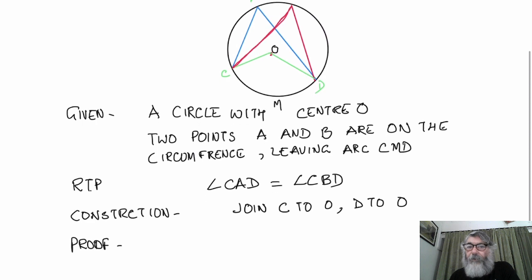In the proof, what are we going to say? We will use the first theorem: the angle subtended by an arc at the center of the circle is double the angle which it subtends at the remaining part of the circumference.